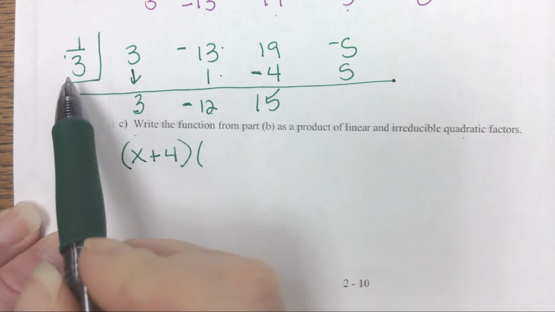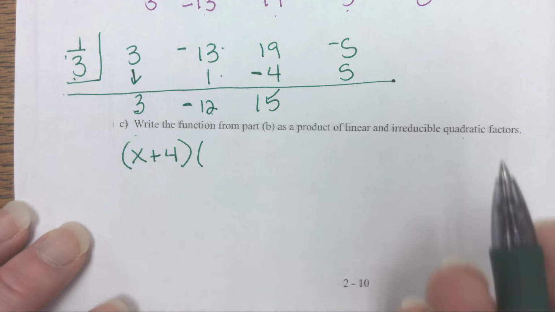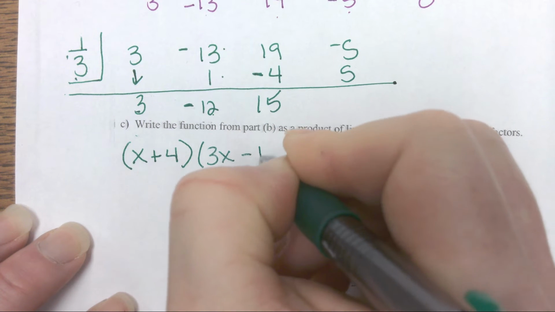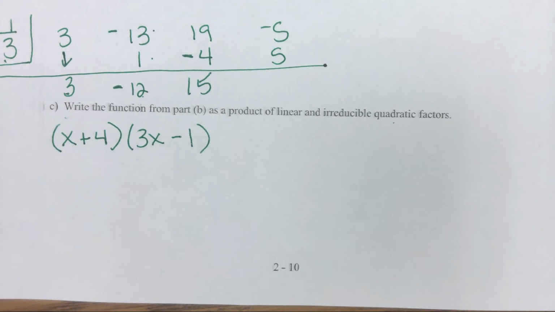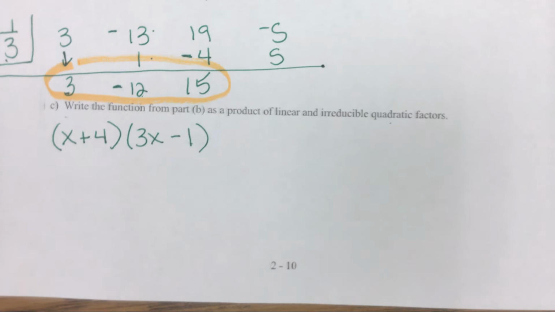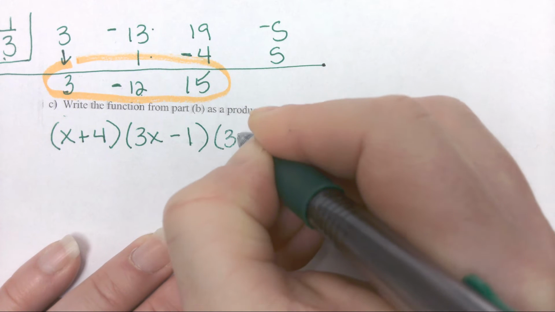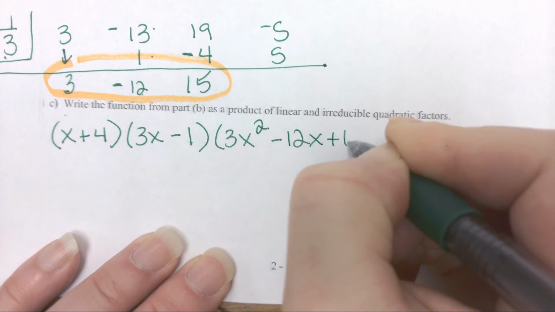I know this would be x minus 1/3, but what was the way I taught you to write it? 3x minus 1. And the irreducible quadratic is the result after you do your division. So it would be 3x squared minus 12x plus 15.